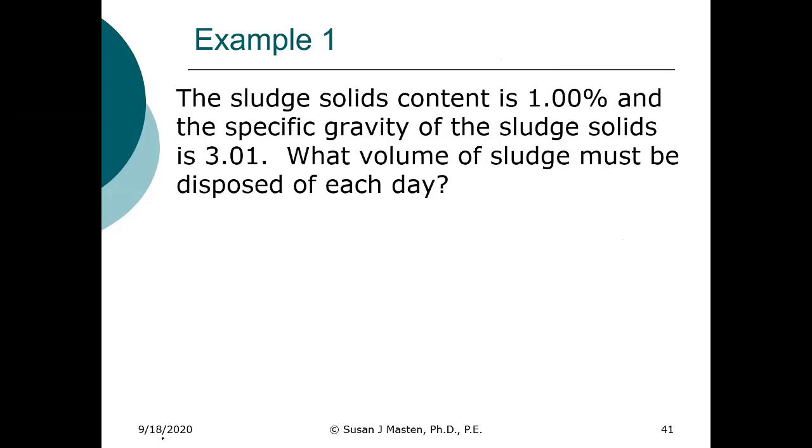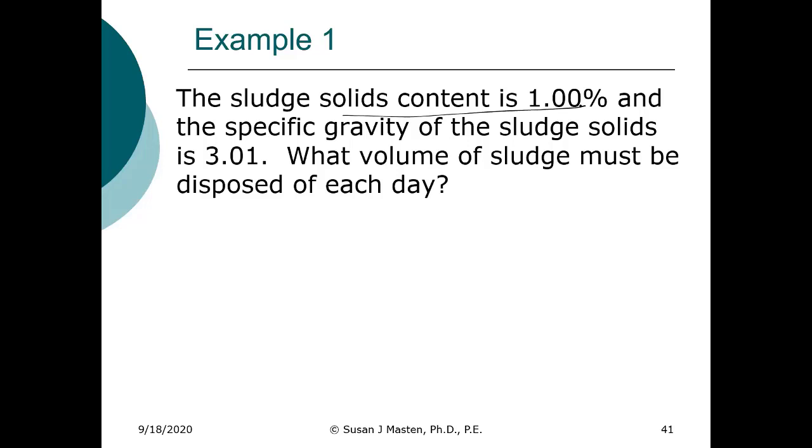So for the sludge that we're producing, we calculated roughly 4,000 kilograms. You don't produce dry sludge. You produce sludge that has a high concentration of water, and then you want to remove that water before you transport and dispose of the sludge. So we have a sludge content of 1%.